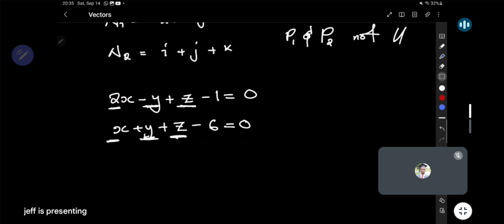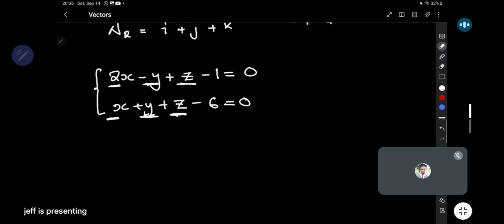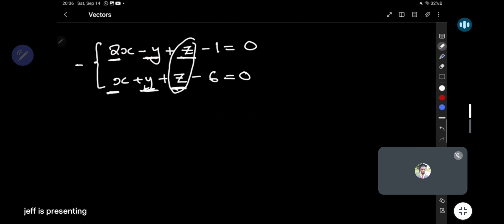To understand that, we'll just try to combine the two equations. We can just try to subtract. We notice that when you subtract, of course, z is going to subtract out. When we subtract this expression, z is going to come out.